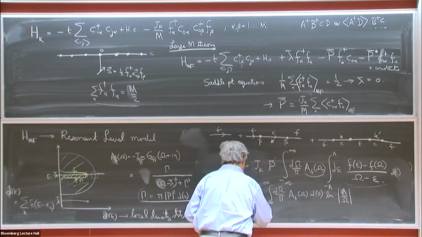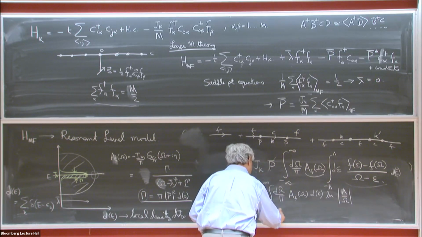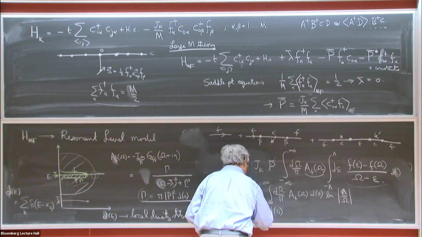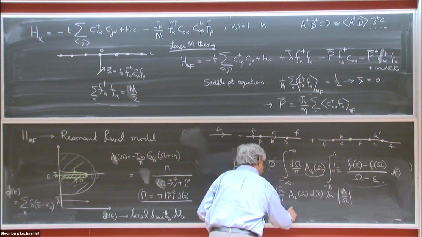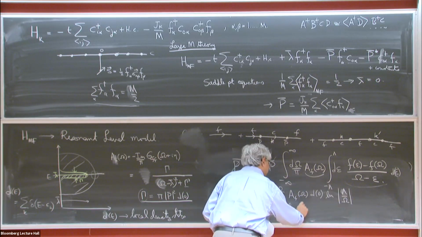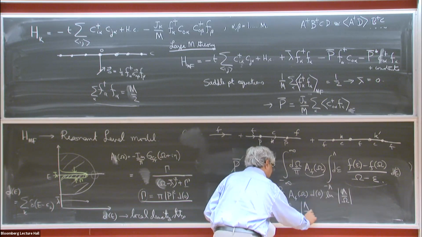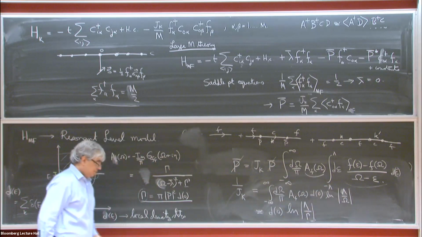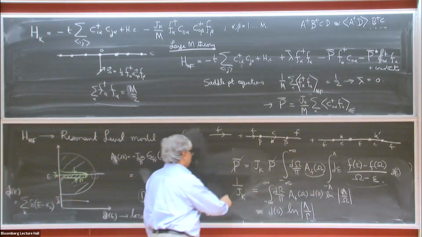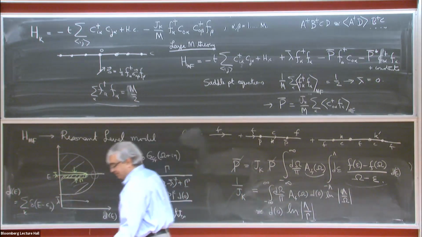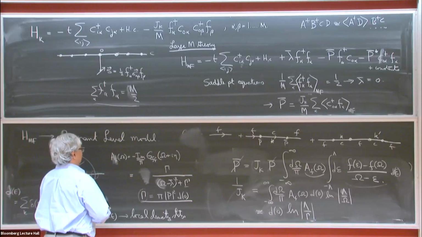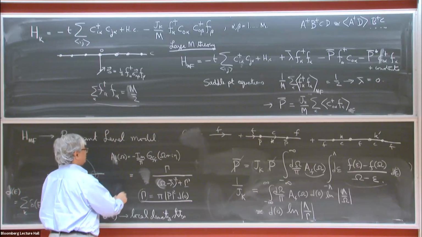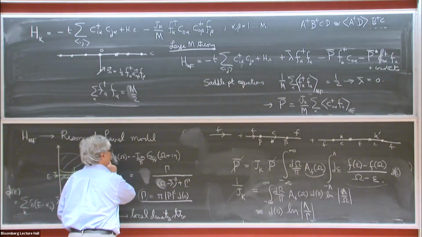And this turns out to be basically the density of states times the log of lambda over gamma. Okay, so there's our basic equation, and now we've got the basic equation for the Kondo energy.